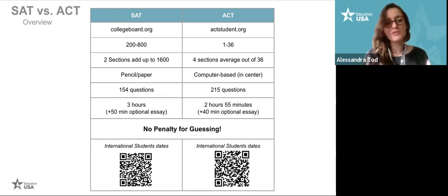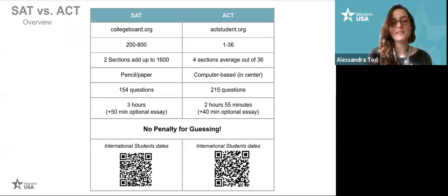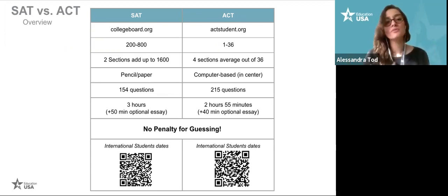The total score is the sum of both sections, up to 1,600 points in total. The ACT has four sections, a little bit longer than the SAT, and each section goes from 1 to 36 points. The total score is a composite or average, also out of 36 points.